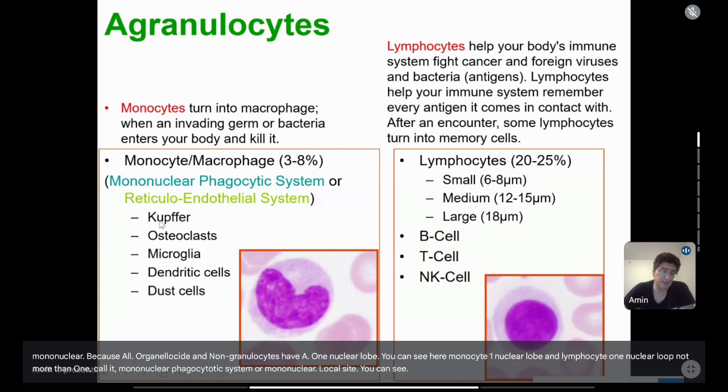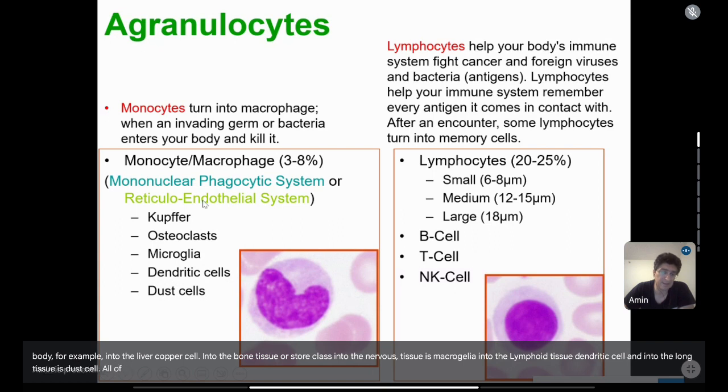You can see here some specific macrophage in the human body, for example, in the liver, Kupffer cell, in the bone tissue, osteoclast, in the nervous tissue is microglia, in the lymphoid tissue, dendritic cell, and in the lung tissue is dust cell.